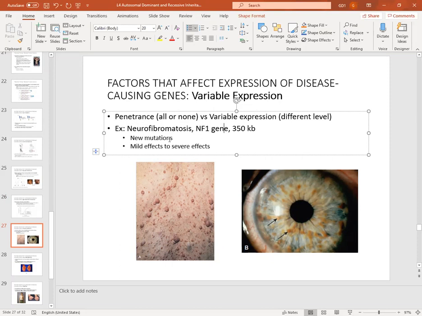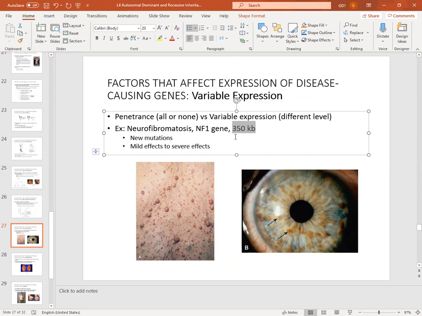So many of the contributions to the disease are related to new mutations, because this gene is very big, about 350 kb. So you know it becomes a random mutation.